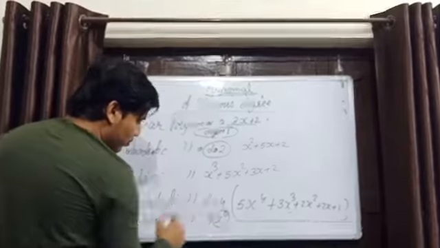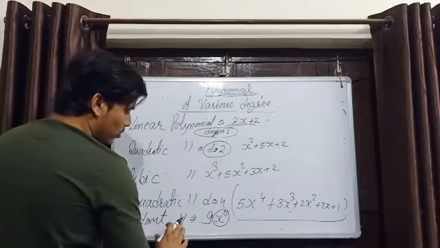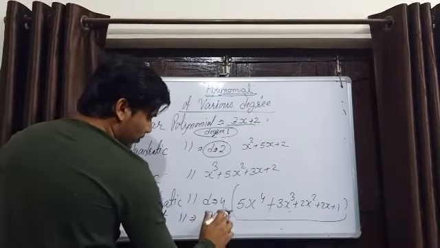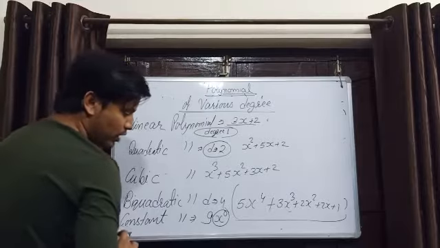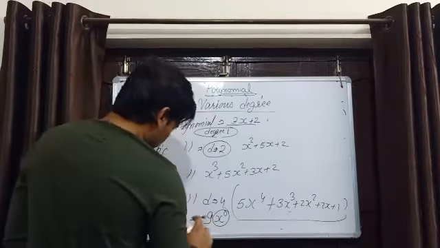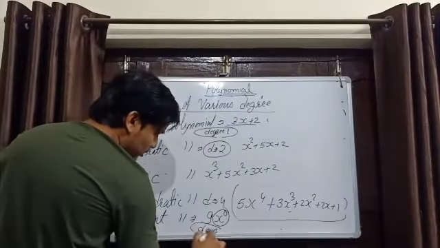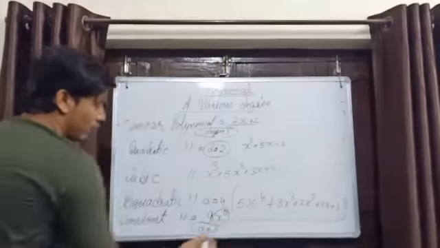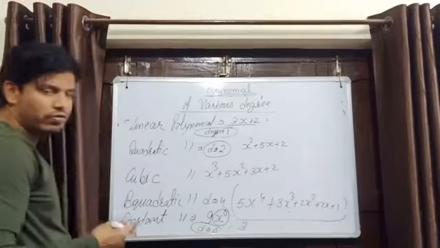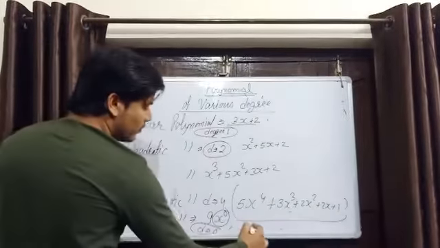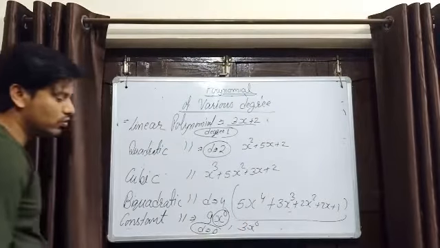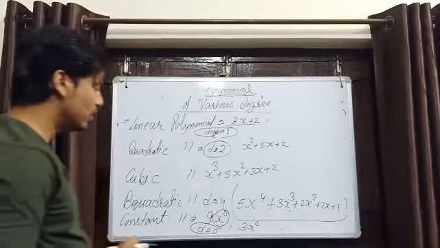So the degree of a constant polynomial is 0. If we write 3, the degree of this term is 0 because we write 3x power 0.